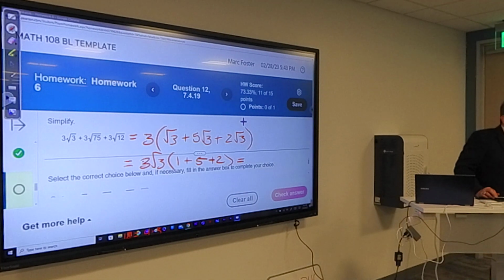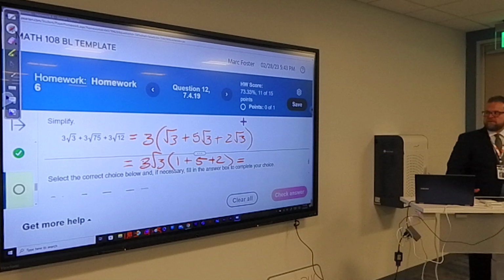Instead of like in the previous problem, where we just straight added them together, like minus 2x plus 10x, you can also apply the distributive property and just be adding integers.